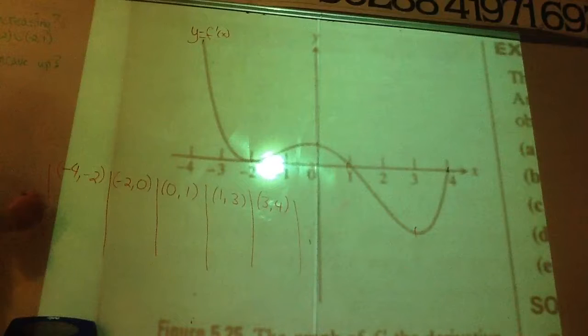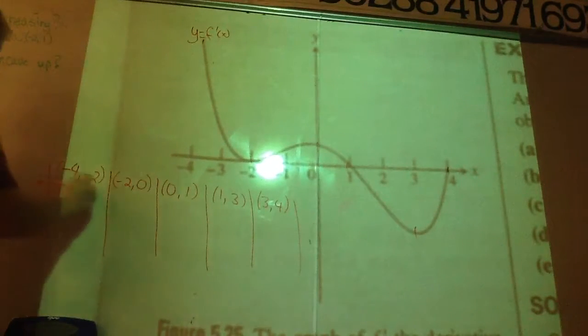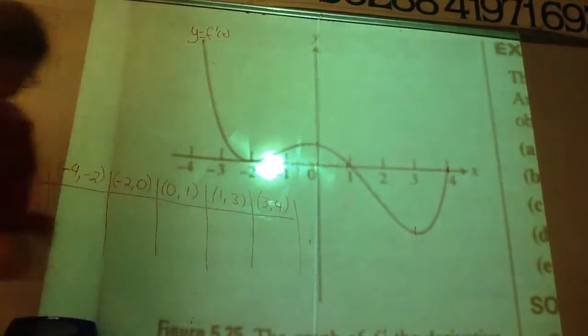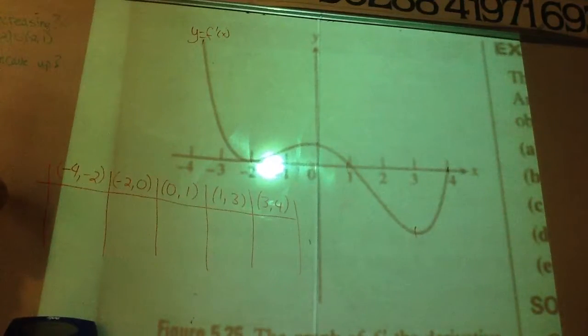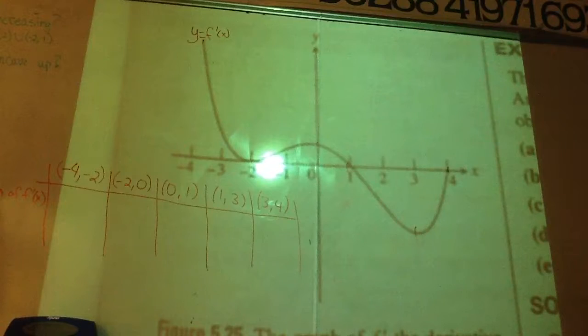In order to help us here, the things we're going to determine about each of these intervals are the sign of the derivative, the sign of f prime of x. Can you see that?